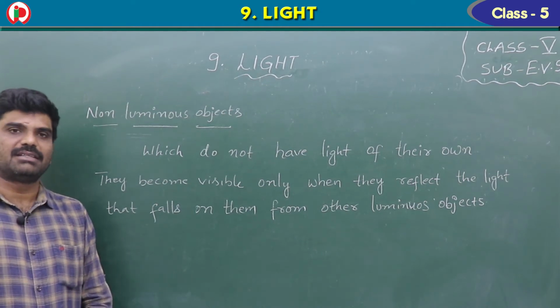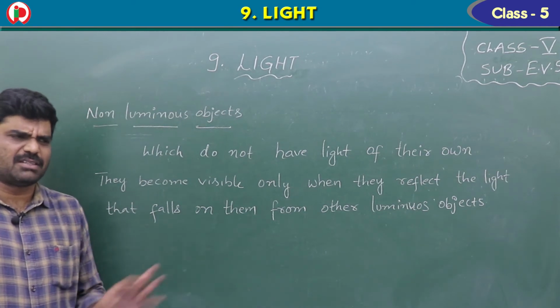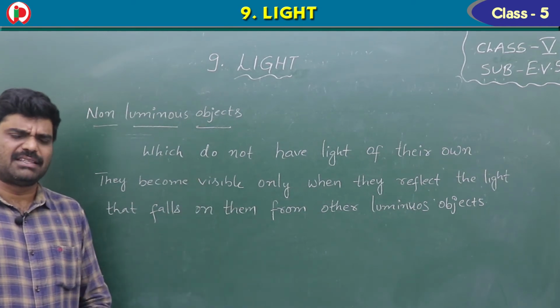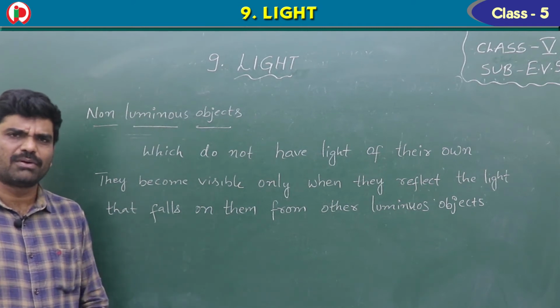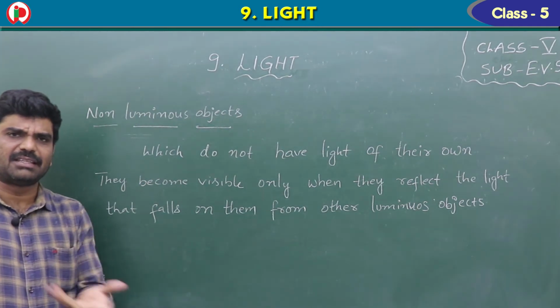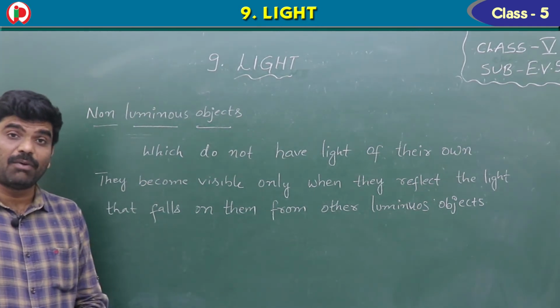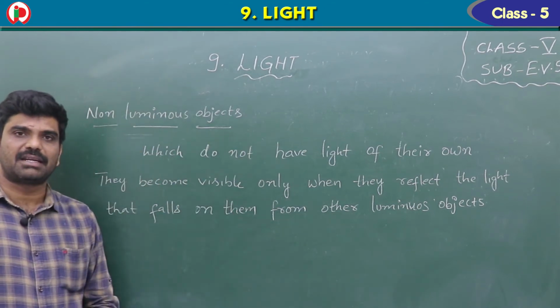So this is the second type. That means we can't see them by themselves. Why? Because they do not emit or produce light of their own. If you take the sun, it produces light, but the earth cannot produce light. But what happens? It reflects the light which falls from the sun.